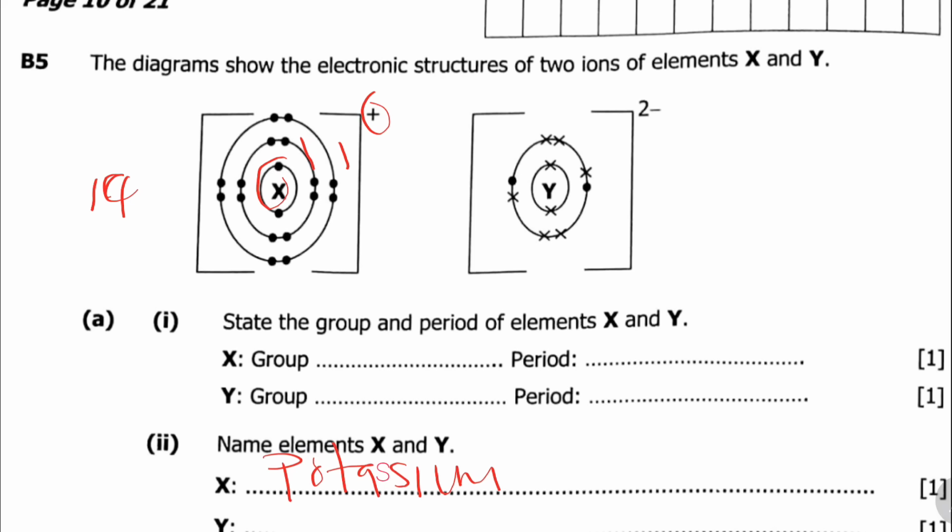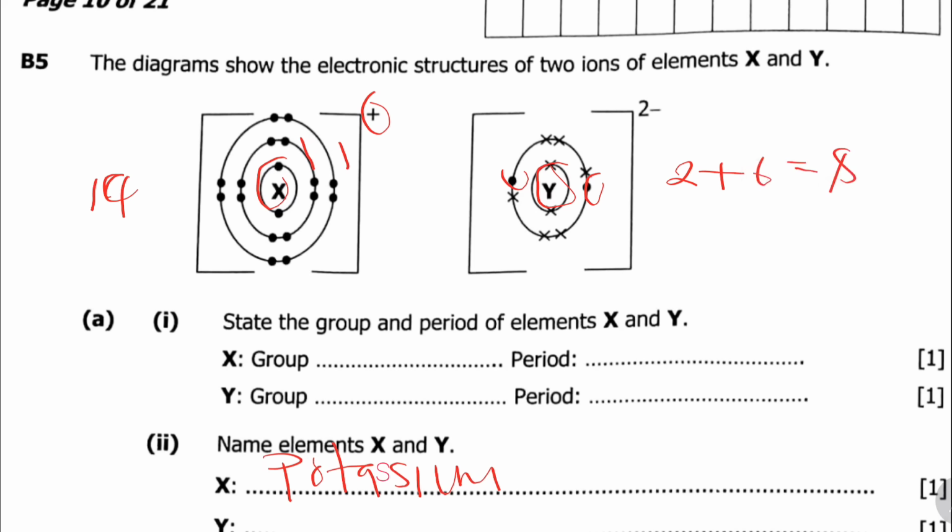All right. Then how about Y? Y is oxygen, because it has 8 electrons, 8 proton numbers. The number of protons is 8. Okay, the first 2, so 2 plus 6 in the outermost shell, apart from these 2 foreign electrons, so it will be 8.